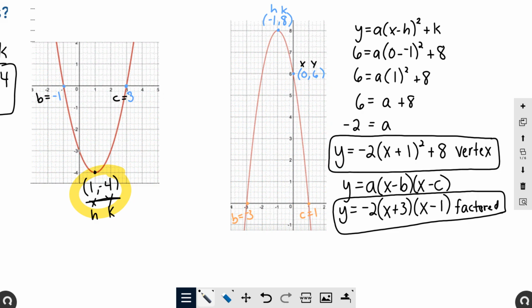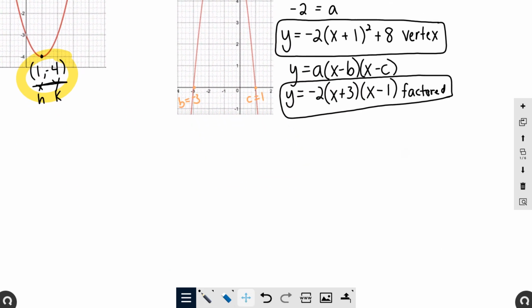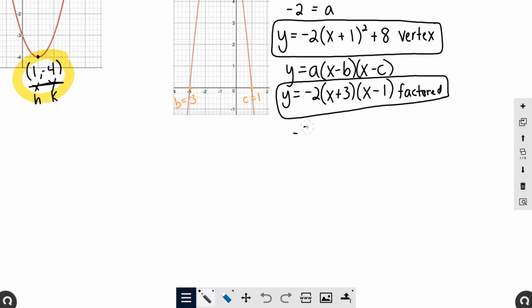So the only work we need to do is for standard, and we've got to distribute out for standard. So let's start distributing those. So x times x, x times -1, 3 times x, and 3 times -1.